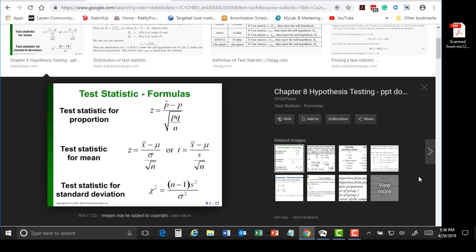Okay, so this is with sigma known, right? And this is simply replacing sigma with S. And standard deviation is different than these because it's using a chi-square distribution. That is what you'll use to test hypotheses about deviation.